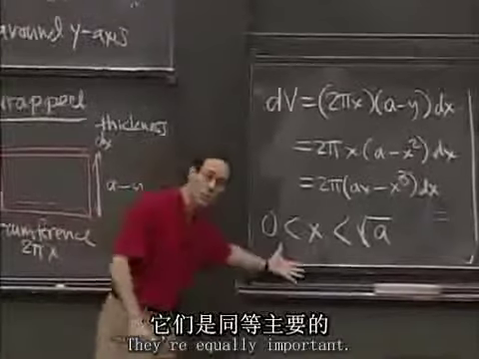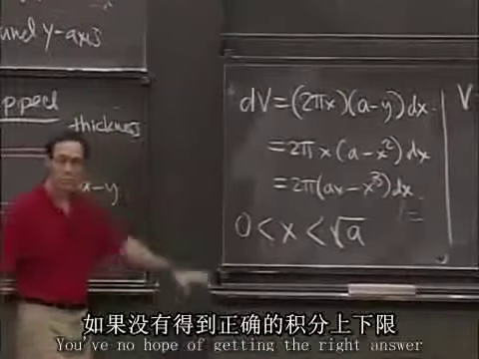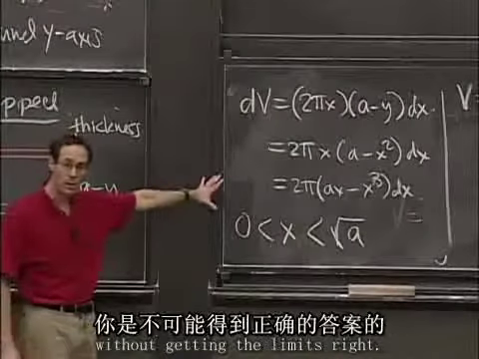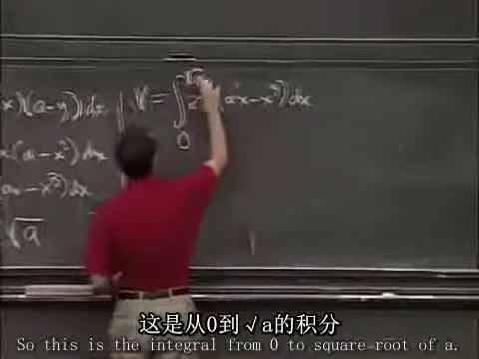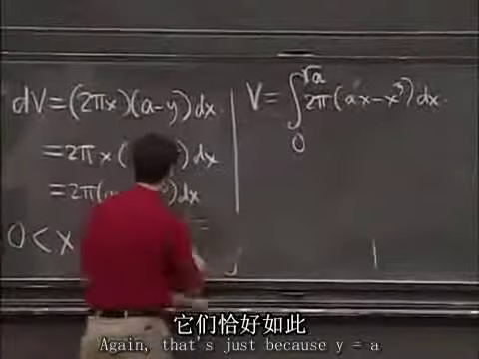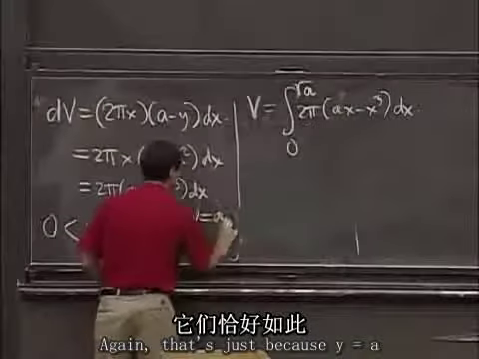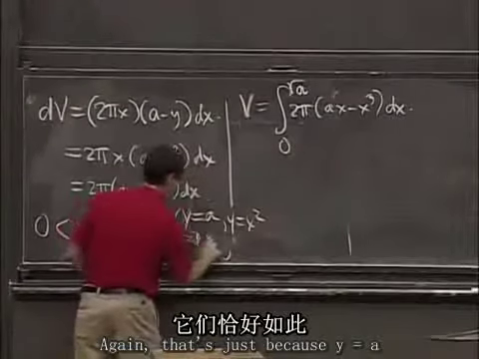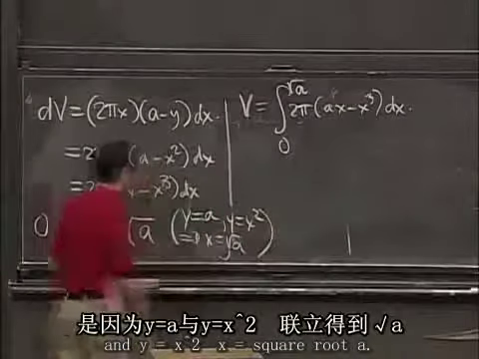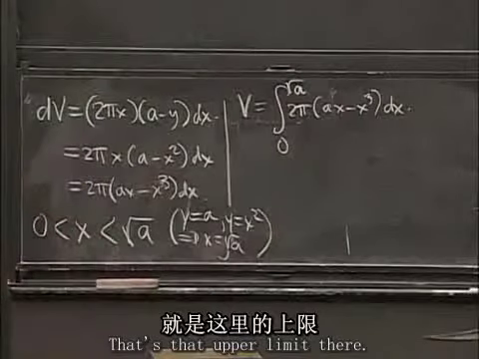They're equally important. You have no hope of getting the right answer without getting the limits right. All right, so this is the integral from 0 to square root of a. Again, that's just because y equals a and y equals x squared implies x equals square root a. That's that upper limit there.